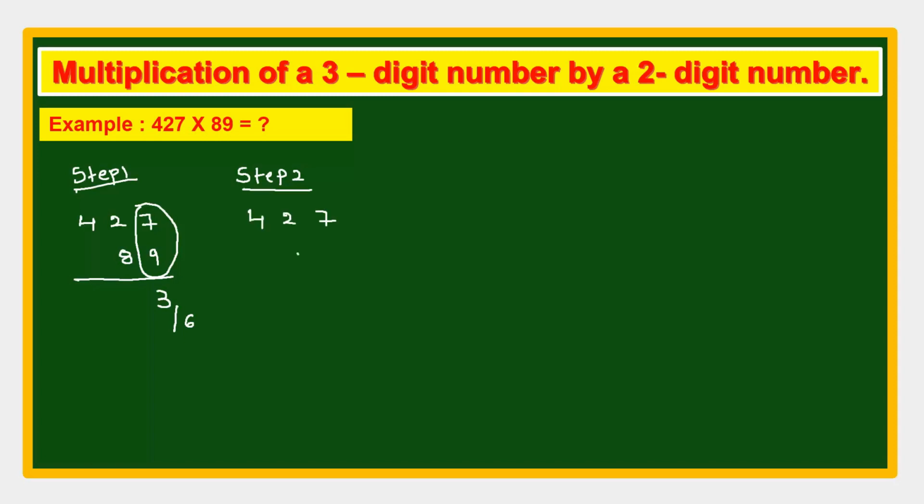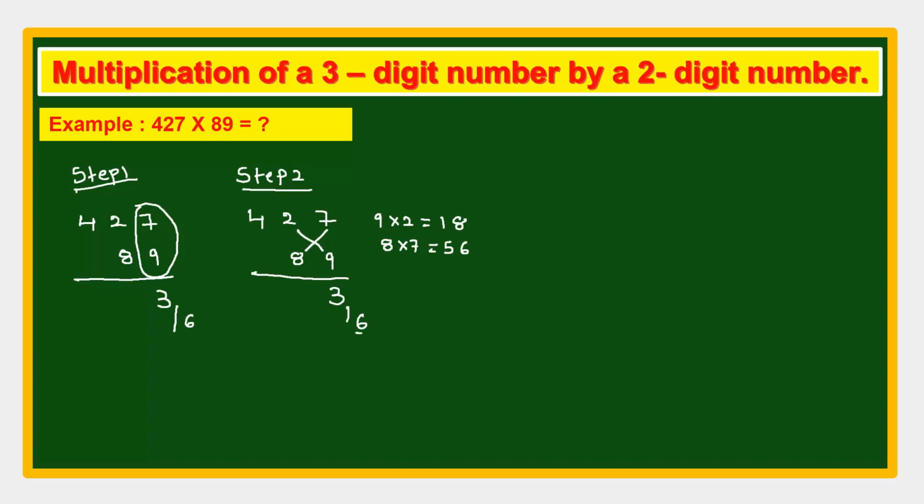427, 89. Already we performed step 1. Now we have to do cross multiplication. It means multiply 9 by 2 and 8 by 7 and add the products. 9 into 2, 18. 8 into 7, 56.